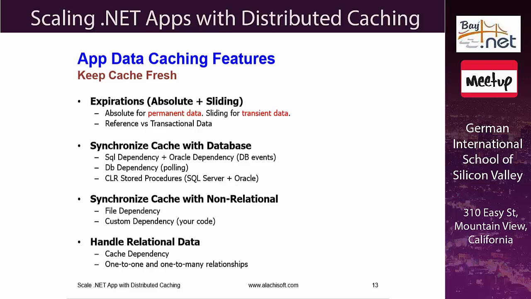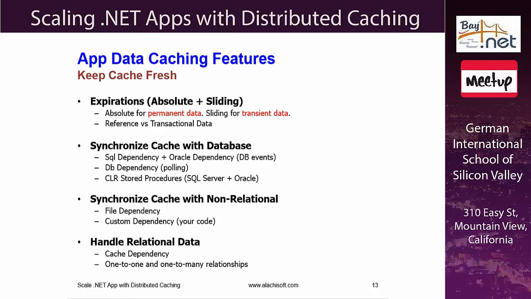You could have other storage. You could have mainframe data, and the only way to communicate with the mainframe could be through a file which gets either created or updated. Or you could have your data in the cloud, and the only way to check is to make a web method call. So that would be your custom code, which you would register with NCache.